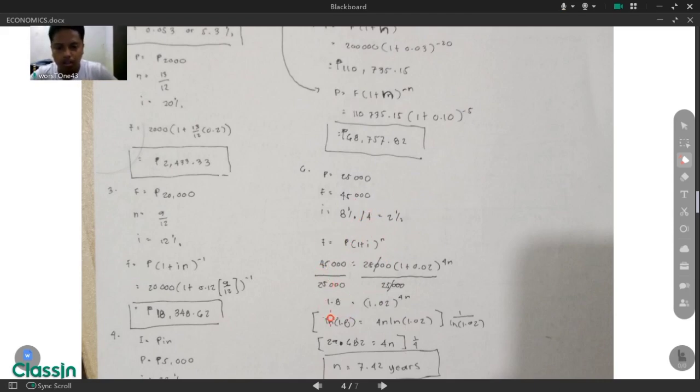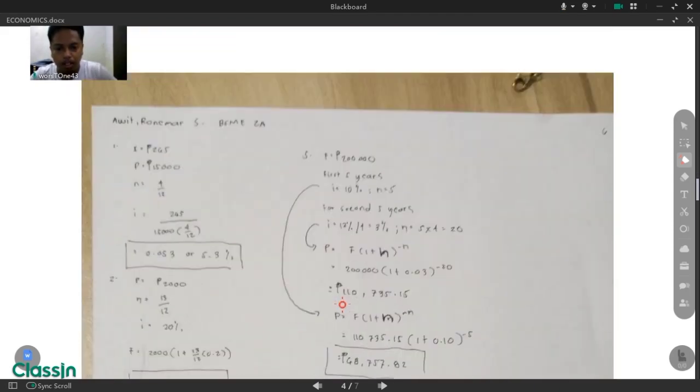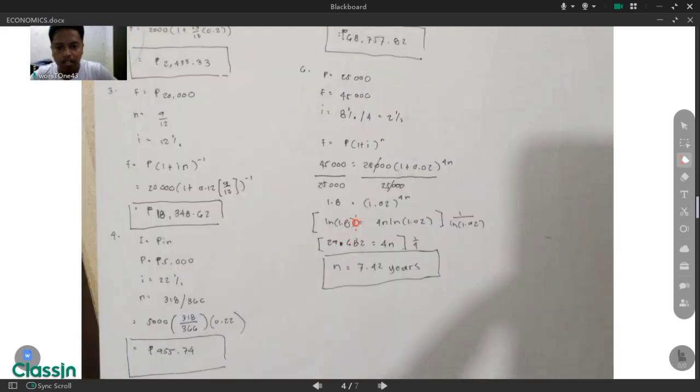Following the formula, we'll be finding the n. F equals P times (1 plus i) to the power of mn, where we have the principal, the interest rate, and n, which is our goal to find.